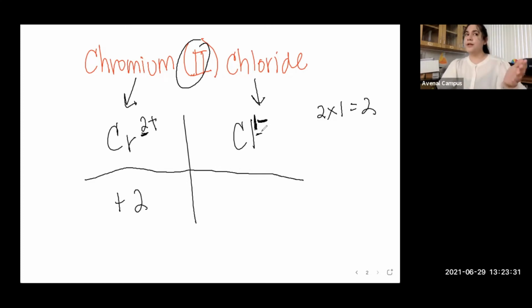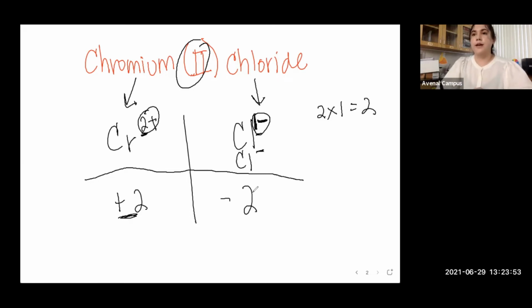And our chlorine, because it's that negative charge, we want to add it up to -2. Chromium is already added to +2, right? And we're looking at the charges here. But chlorine is not. We only have one chlorine. How many more chlorines do we need? We need one more chlorine in order to add up to that -2, like that.